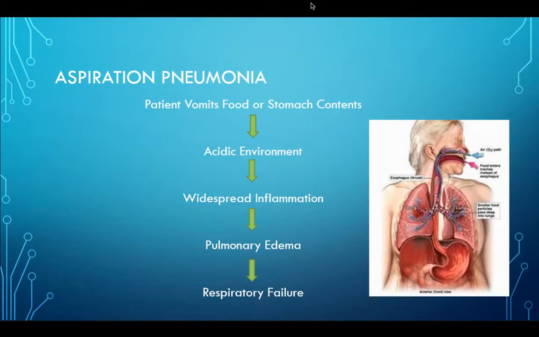So you might vomit food or stomach contents that causes an acidic environment, that causes inflammation, causing edema, and ultimately respiratory failure. We generally treat it with antibiotics for a bacterial infection and give steroids and anti-inflammatories to decrease the inflammation.